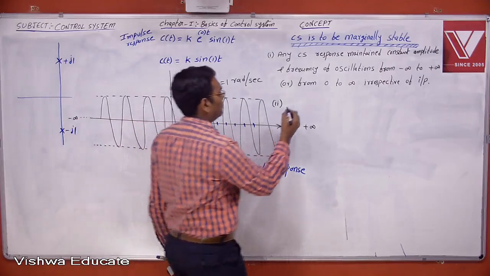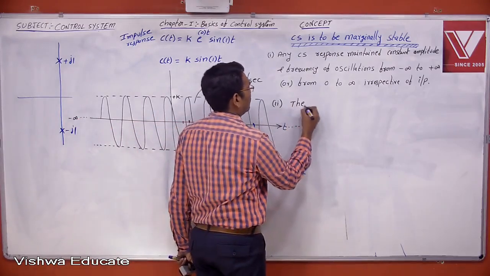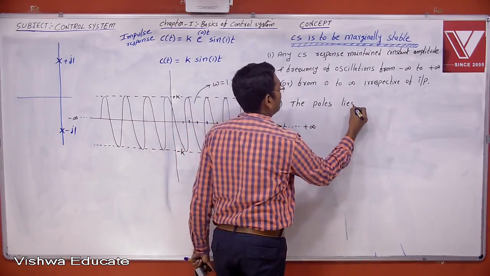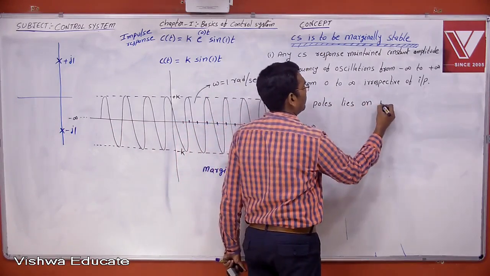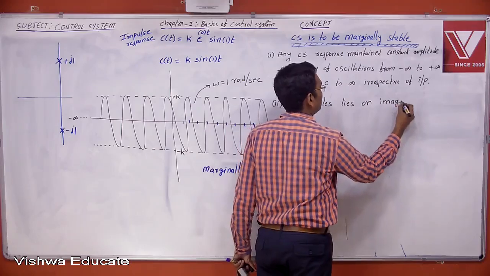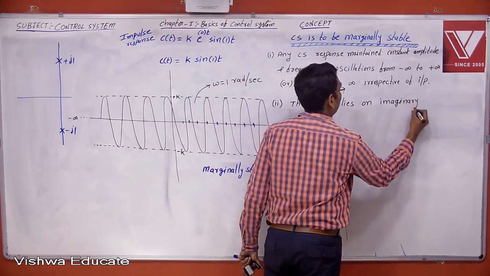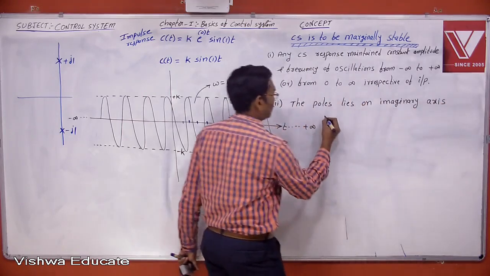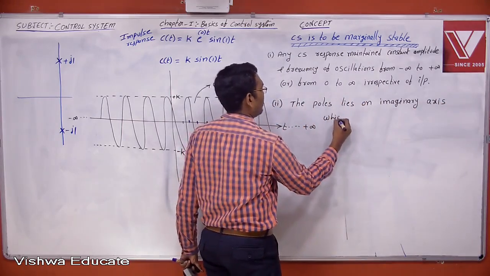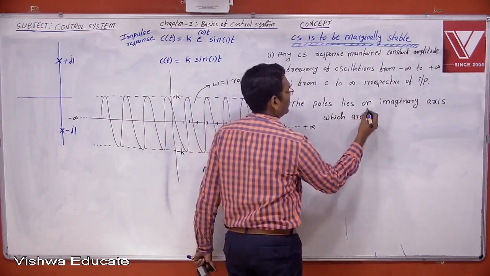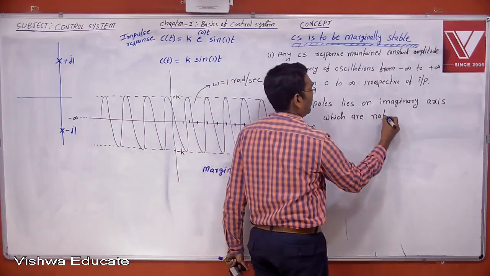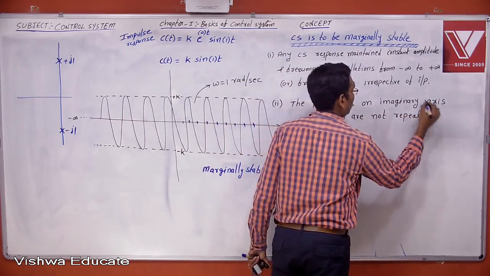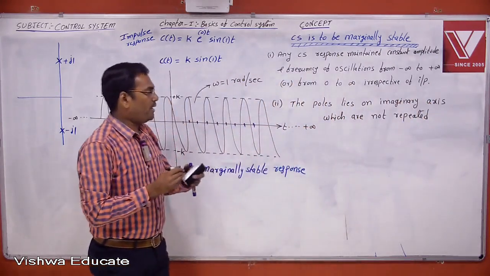Now, the second point: if the control system is marginally stable, the poles lie on the imaginary axis which are not repeated. Here is one point I am raising.